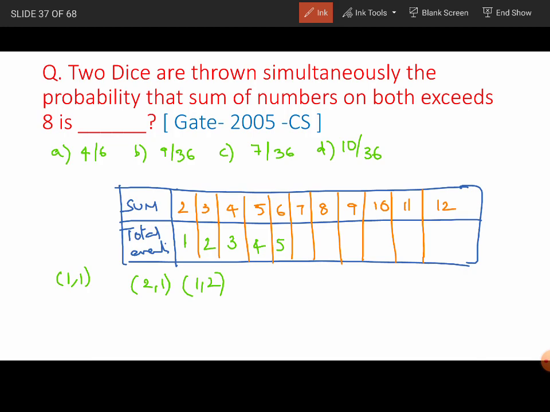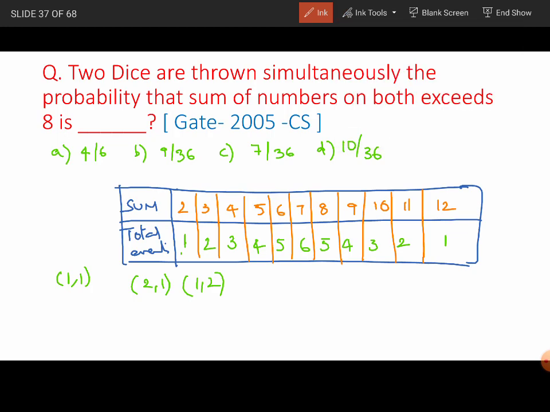So you can write down the number of events, or if you remember, this would start from 2 up to 6 and again it would decrement till 1. If you remember this, you can directly draw this table. Otherwise, from the sample space also you can find it out and write it down.